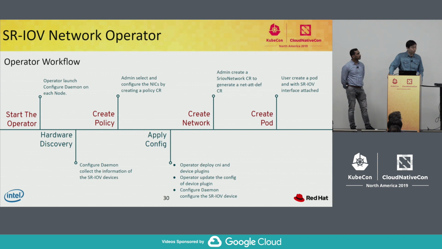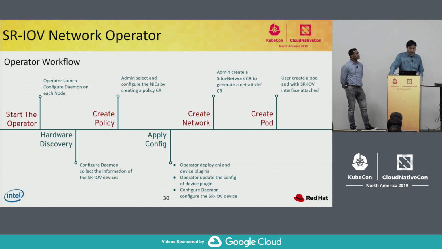So if you need to enable, for example, the VFIO driver for your virtual function, you have to enable the IOMMU in your Linux boot parameter, which cannot be done by the network operator.